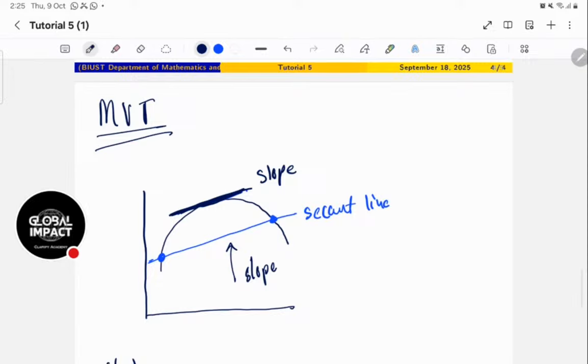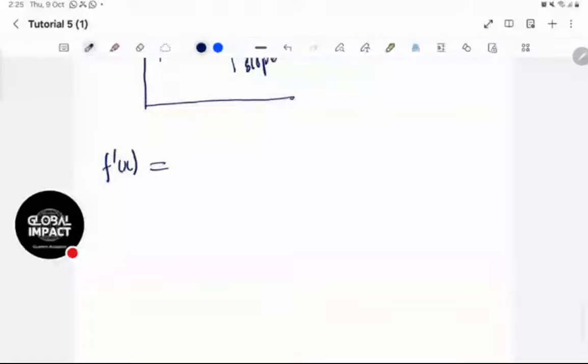So in other words, we'll be saying that f prime of x, which is the first derivative, that is how you get the slope of the curve. There is a point where it is going to be equal to the slope of the line, which is change in y over change in x.